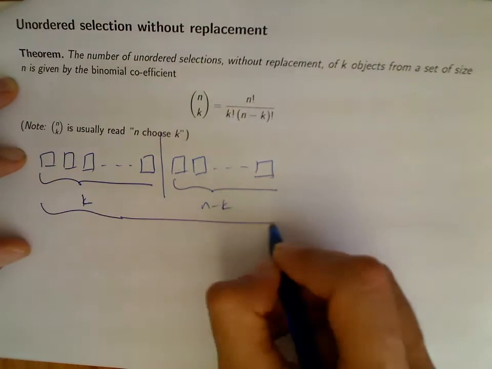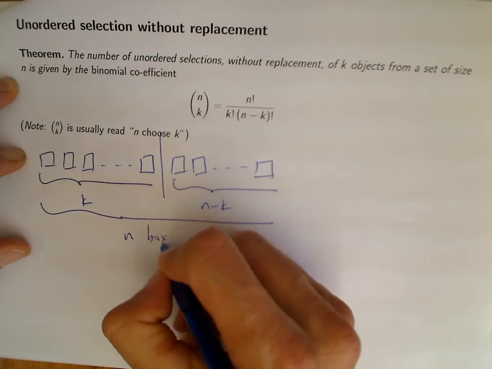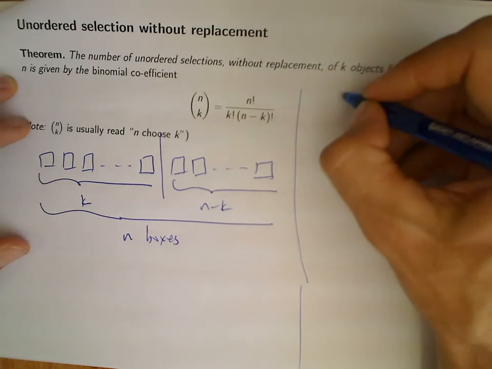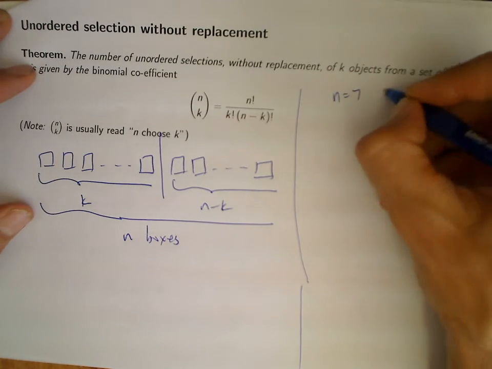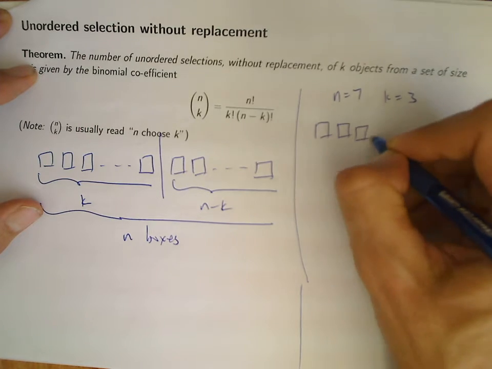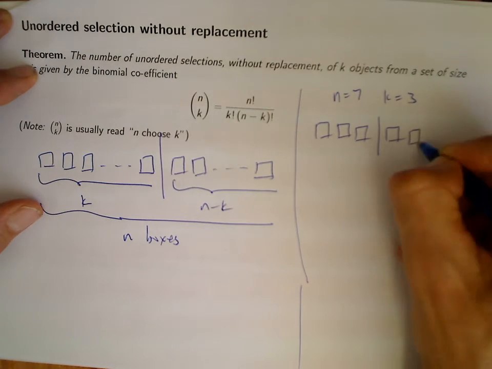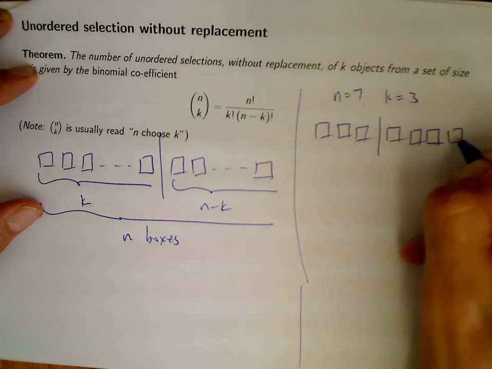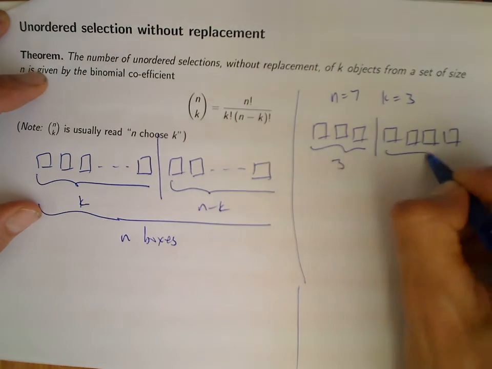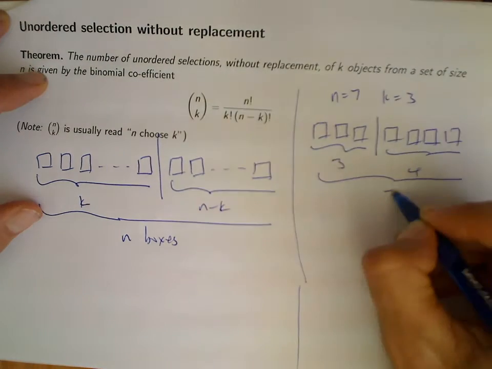So altogether I've got n boxes here. Just to give ourselves a concrete example, let's say n is equal to 7 and k is equal to 3. So I'm going to write down 3 boxes and then another 4. Altogether I've got 7 boxes.